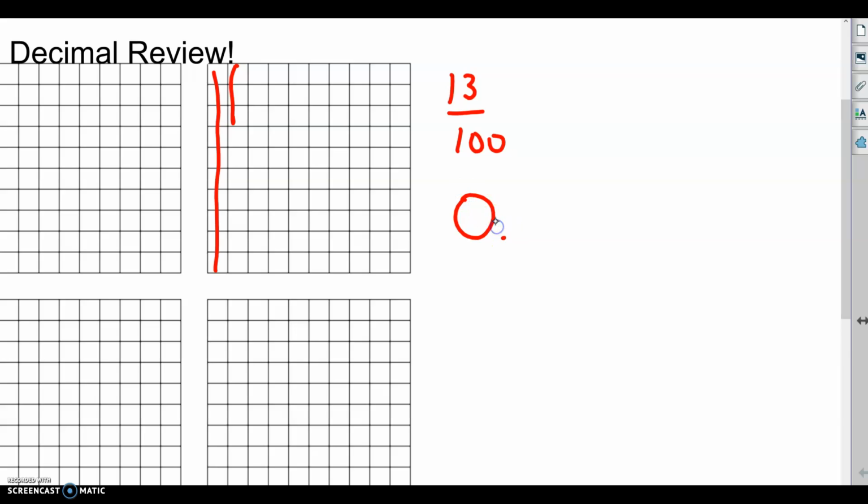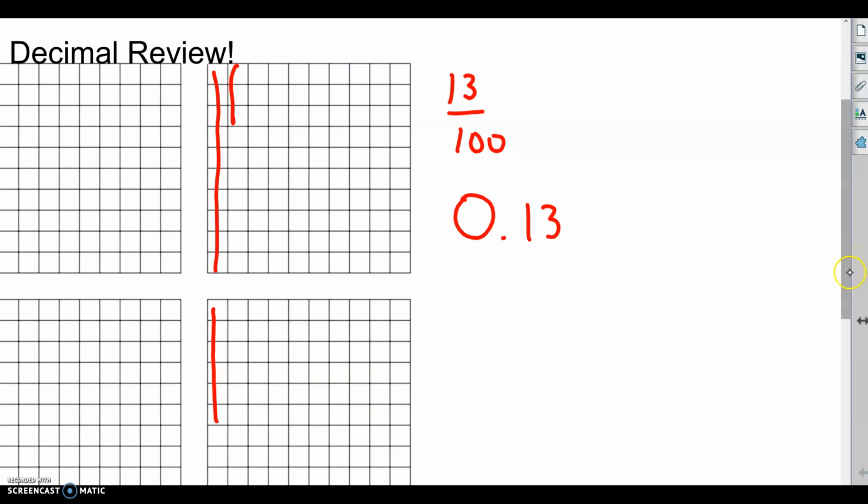So I'm going to put a 0 in the ones place. And then 13 would look like this. I would have 1 in the tenths and 1 and 3 in the hundredths. Okay? So 13 hundredths.